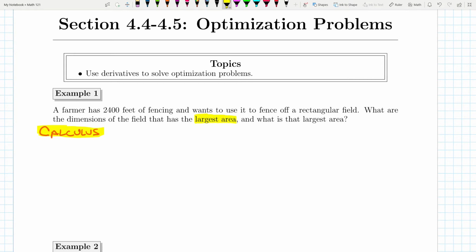So when we read this word in this kind of word problems, we are supposed to obtain a function that will give us a maximum, a relative maximum, more in particular, all right? So that's the calculus part, and in this case we want to maximize the area.